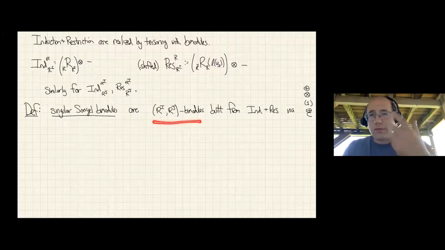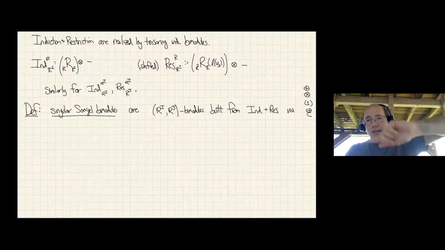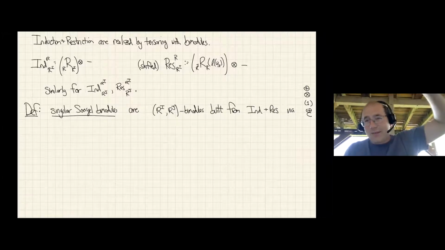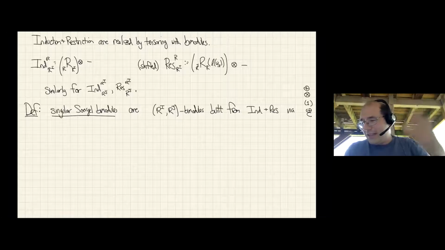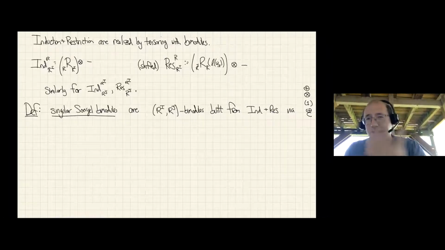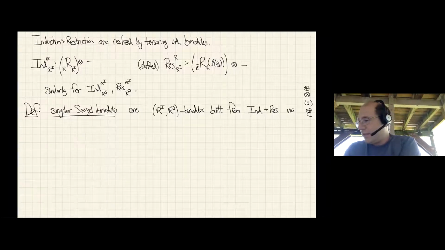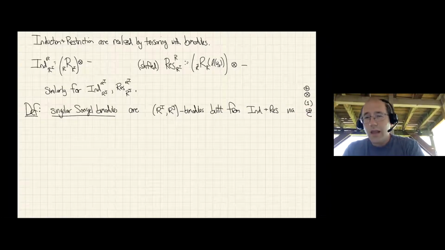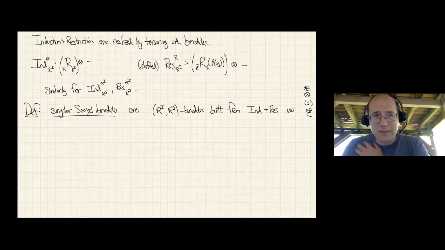And it's those bimodules you get by inducing from I to K, and then restricting from K to L, and inducing from L to M, and then eventually restricting or inducing to I. So everything you can get from iteratively inducing and restricting. So the tensor product says iterate that. You're also allowed to take direct sums, grading shifts, and the most complicated thing, direct summands. And by definition, this is the collection of all singular Soergel bimodules. Any questions about that definition?